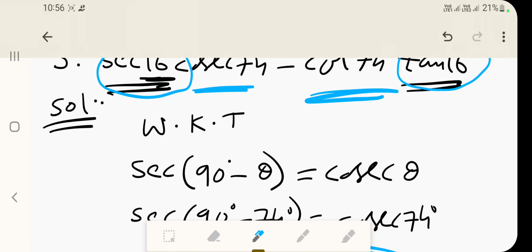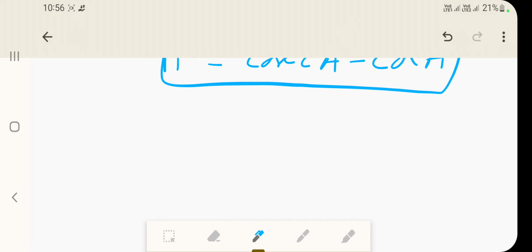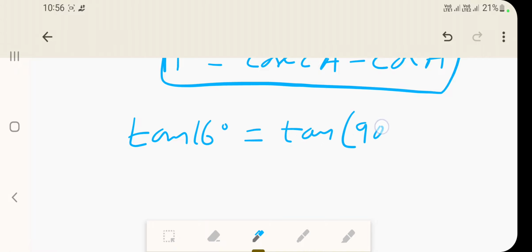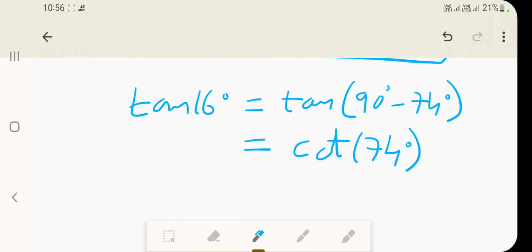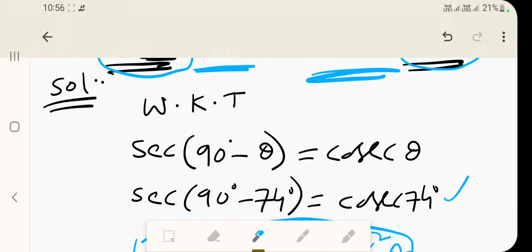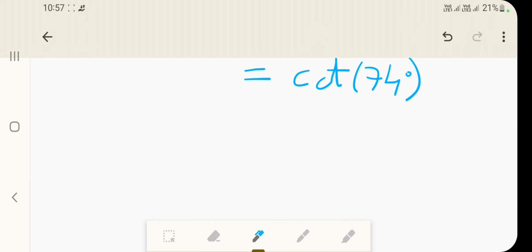So secant 16 is replaced with cosecant 74. Similarly tan 16 is equal to tan 90 degrees minus 74. Tan 90 minus theta is nothing but cot theta, cot 74. So tan 16 is replaced with cot 74 and secant 16 is replaced with cosecant 74.